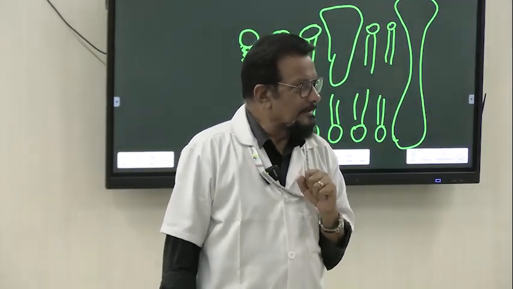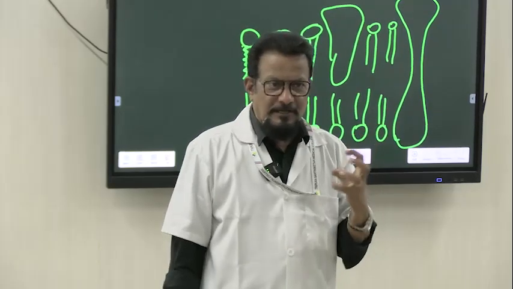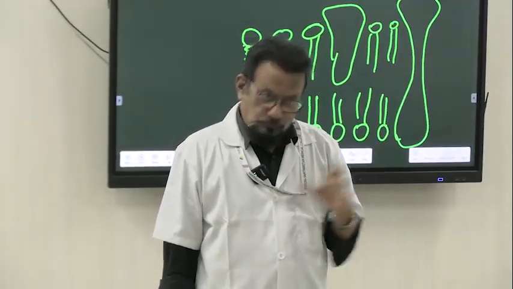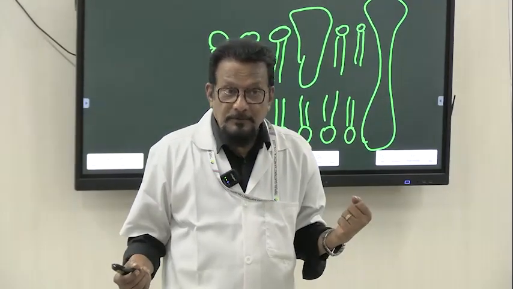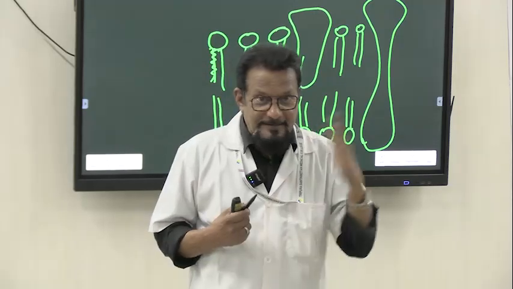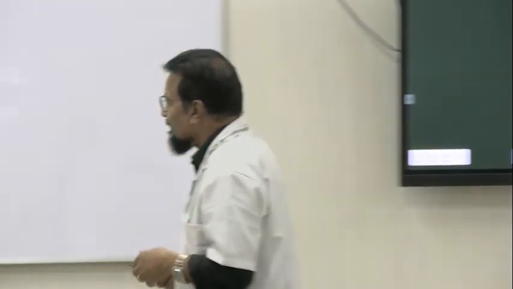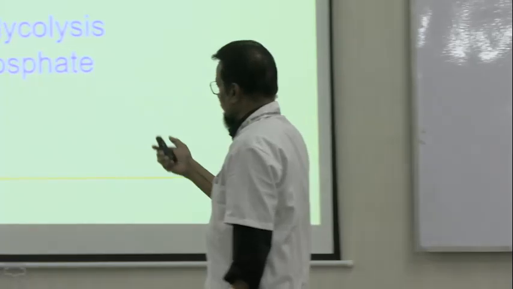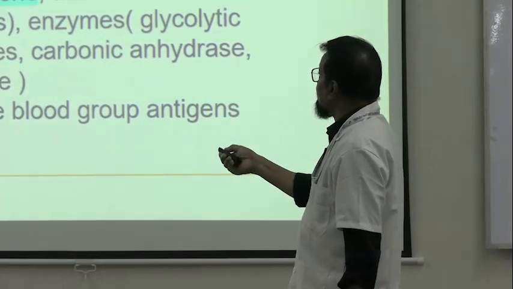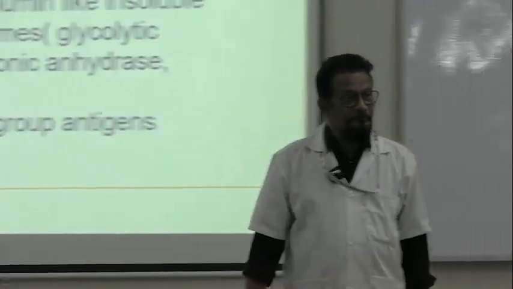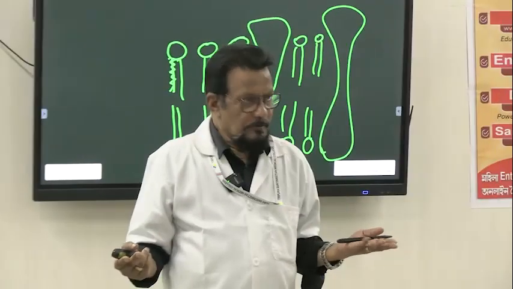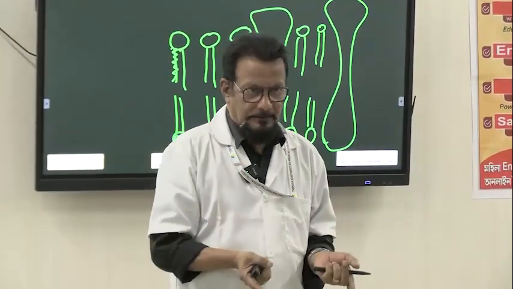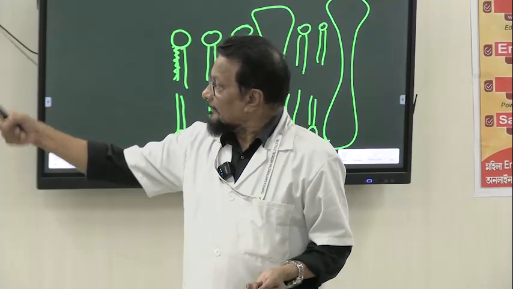As a result, it has to face a lot of stress. To do my function, to carry oxygen and carbon dioxide, I have to remain fit. So who is protecting me against this stress? It is glutathione. It is protecting. When we lose this protecting activity, the cell will die.